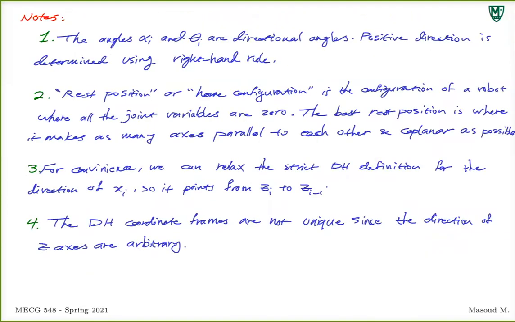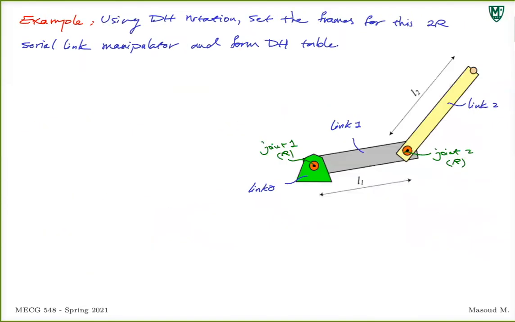So this is where frame B0 is, it's going to be crowded, and this is going to be B1. Frame B0 is attached to link 0 at joint 1. Frame B1 is attached to link 1 at joint 2.